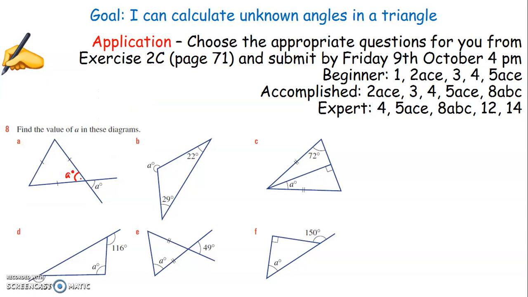Why are they equal to each other? Because they are what we call vertically opposite angles. They're opposite to each other, and so they're equal. You can imagine this like a pair of scissors.